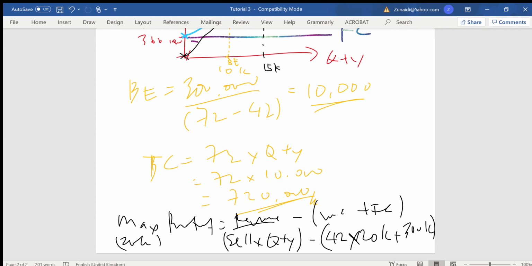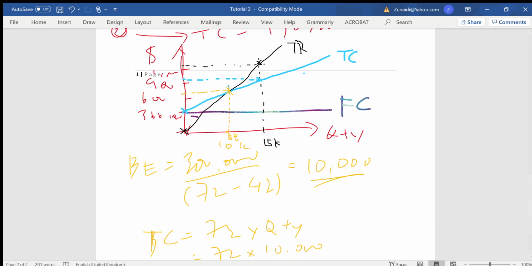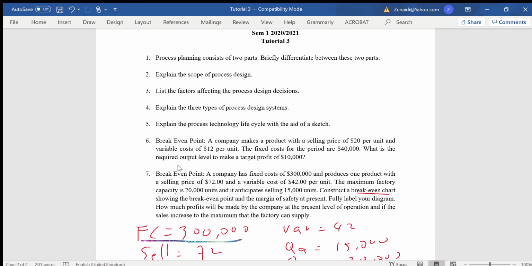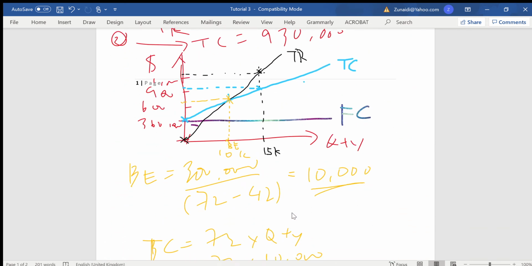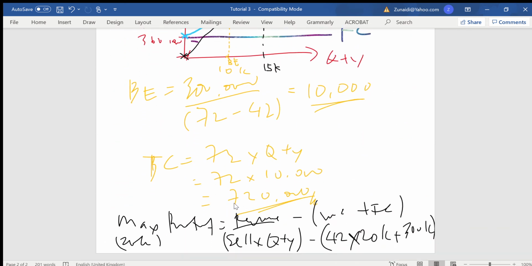When you calculate that, you can get around 300,000 profit for the maximum. So I think that is how we calculate this tutorial 7. So for the maximum, you already get, and then you can have a full level diagram, and then you calculate how much profit will be made by that company.